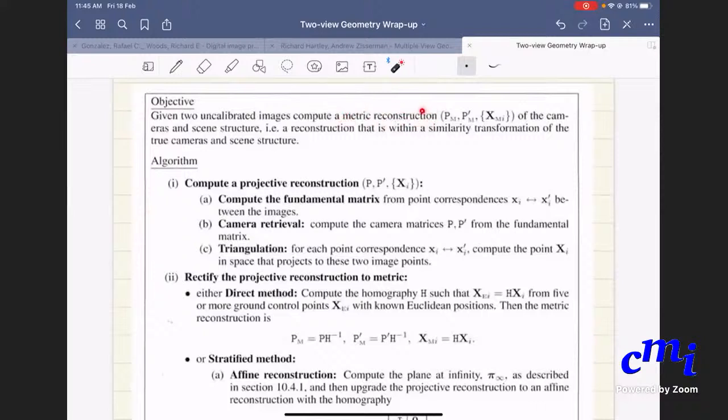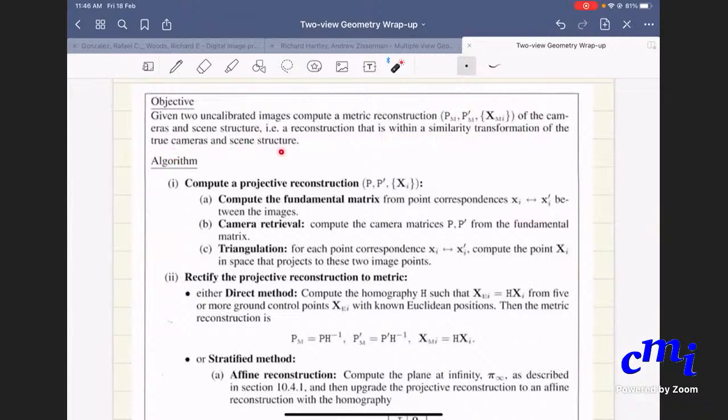What do we mean by a metric reconstruction? It means that from these two images you should have enough information to measure the actual distance between the world points. You want a reconstruction which is metrically correct, that is, a reconstruction of the cameras and scene structure within a similarity transformation.